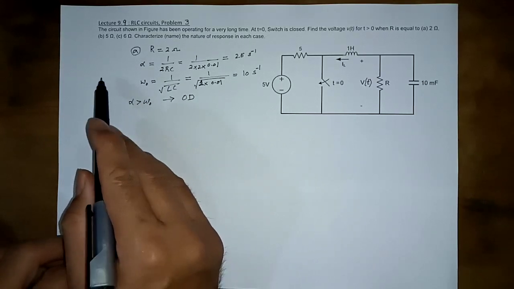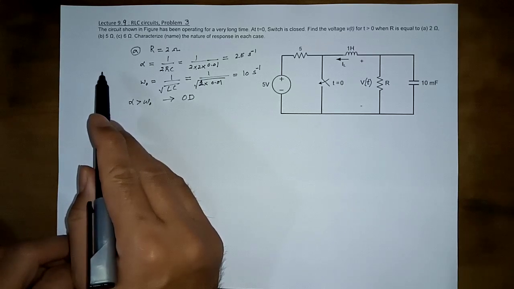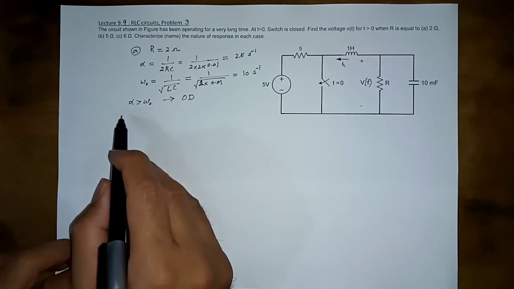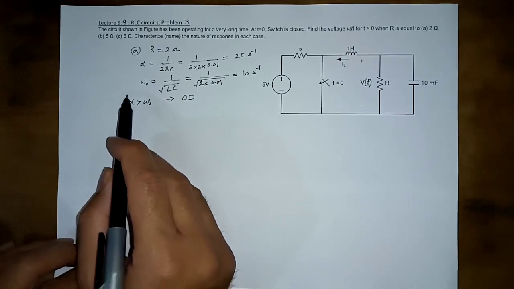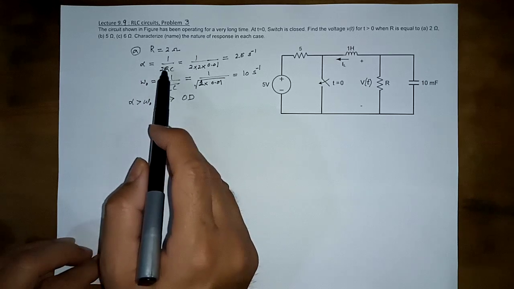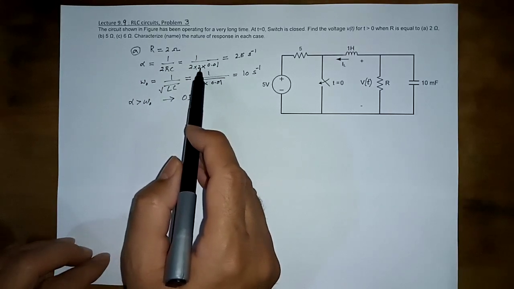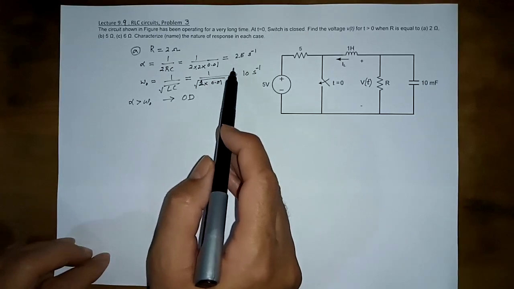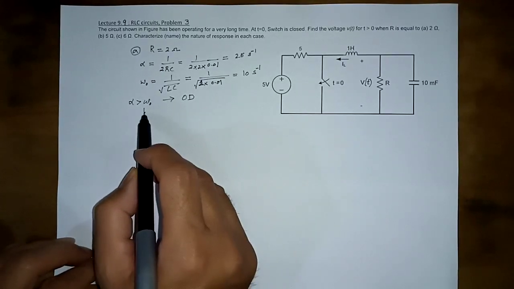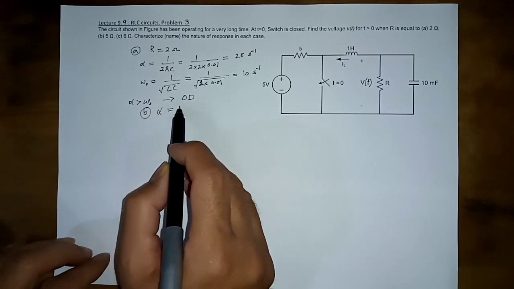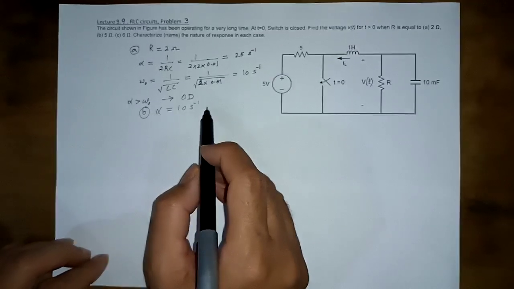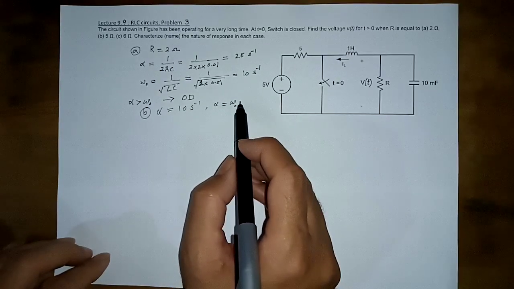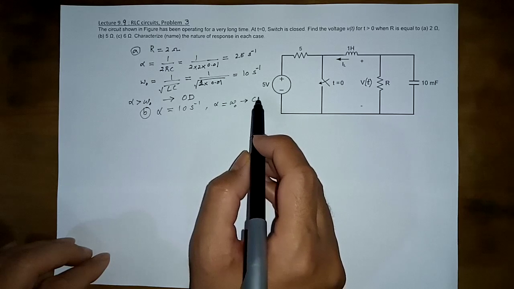So I believe for the case of 5 ohm it would be critically damped, and for 6 ohm it may be underdamped, but you have to solve it for yourself. So let's try it. By the way, for 5 it will be 2 into 5, which will be 10, 1 over 0.1, which is 10. So you see, for 5 it is critically damped. Alpha would be 10 because omega 0 is not going to change. So alpha is equal to omega 0, which implies that this is a critically damped circuit.